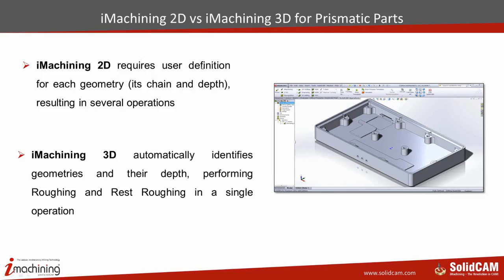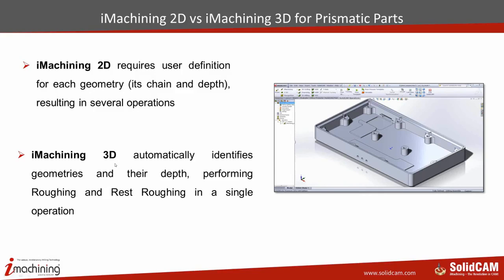It takes a long time to define each geometry because it's your responsibility to find each geometry, each chain and its depth, and also to decide in what order to machine all these pockets at different levels, as we will see later. And this usually takes a lot of programming time.